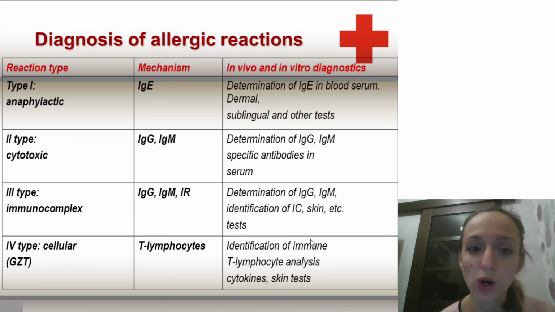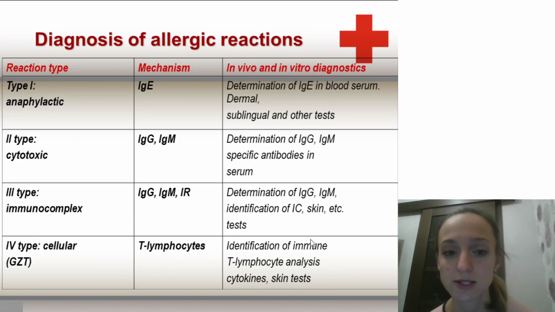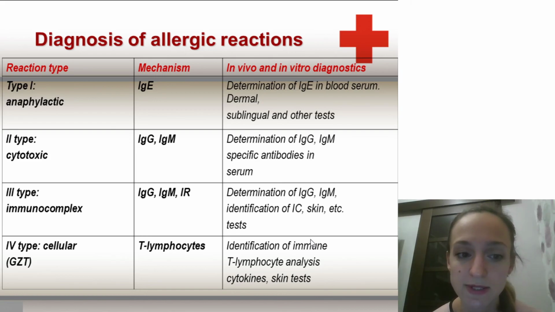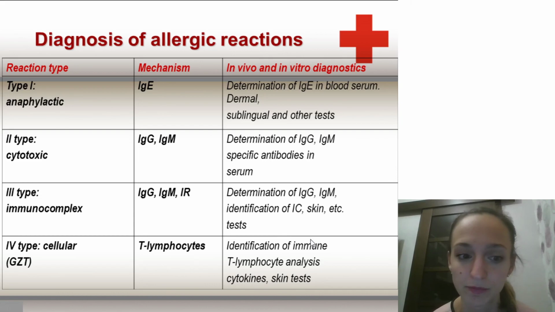Reaction type 1 and mechanism, it is immunoglobulins of class E. So it is a determination of this immunoglobulin in blood serum, dermal and sublingual, and other tests. Type 2, cytotoxic, immunoglobulins G and M, and specific antibodies in serum.